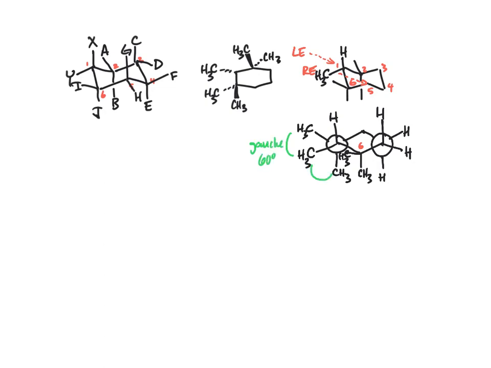And then this interaction is gauche as well, 60 degrees. So you also have it looking down the 1 and 6 bond as well. So total there's 4 relative to that methyl group.